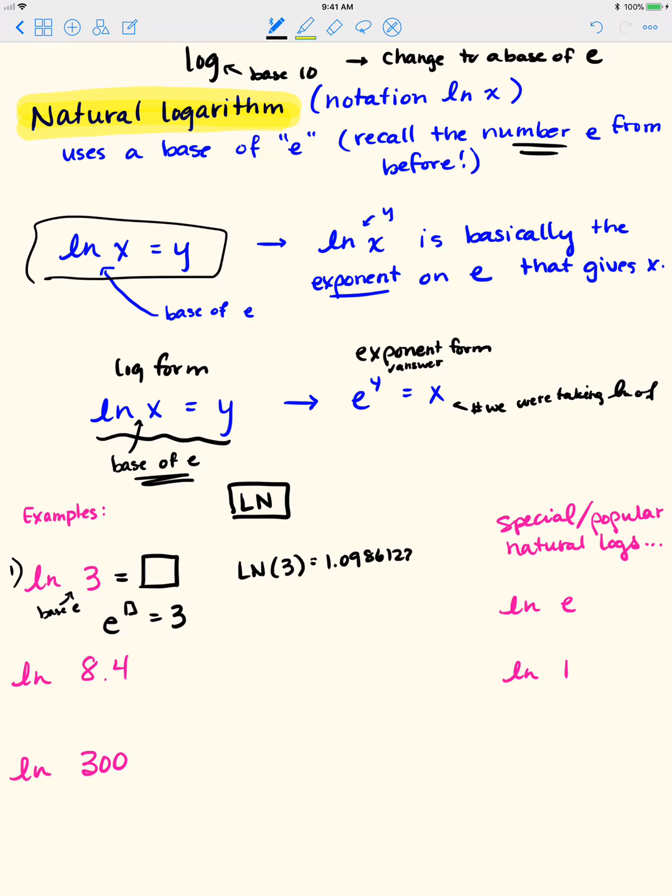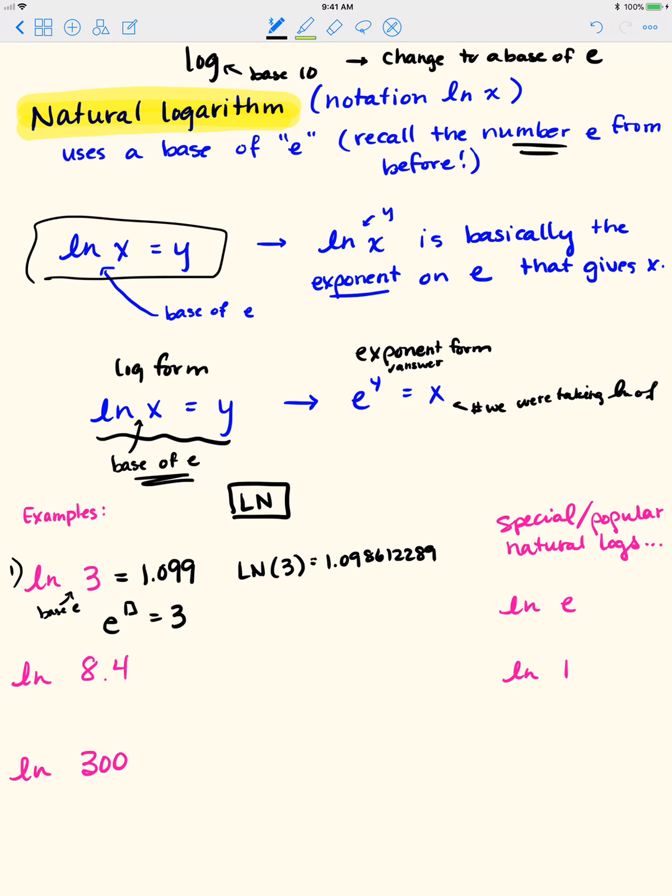The decimal keeps going, there's no pattern to it, it never ends, but it's around 1.099. So the natural log of 3 equals 1.099, rounding.